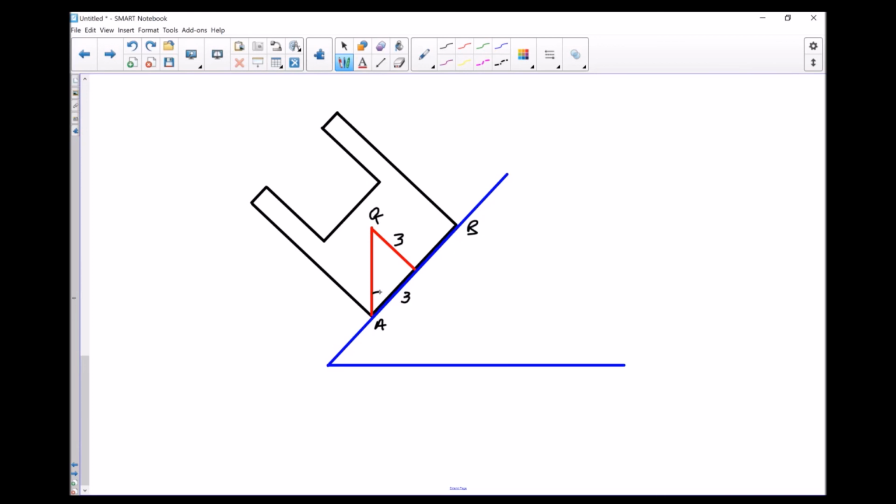And so the angle there, we've got a nice isosceles right-angled triangle. That angle must be 45. If that's 45, this angle is also 45, and so the angle made by the slope with the horizontal is going to be 45.